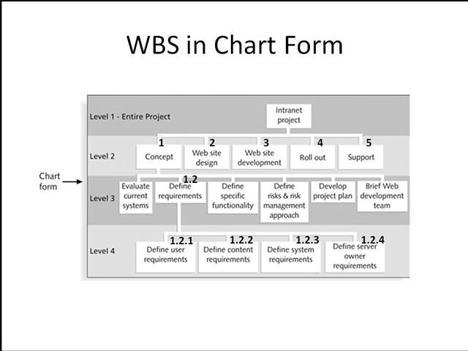So you can see as you drill down, you're finally going to get to the lowest level, level 4, and these are the actual work tasks that are within the work breakdown structure.